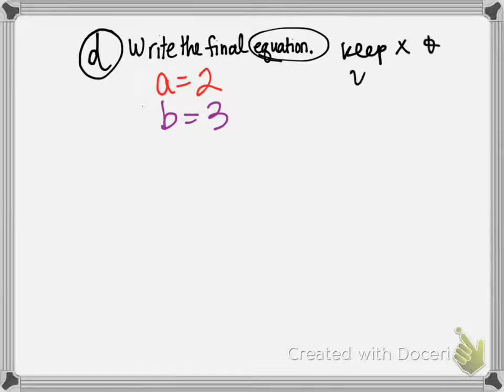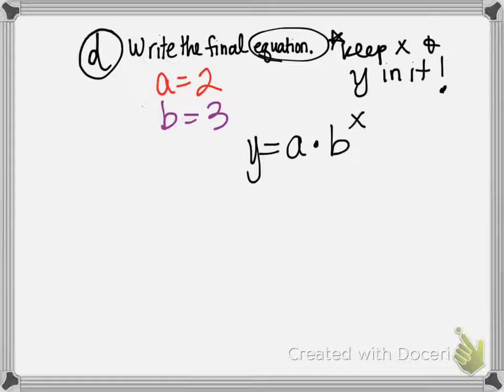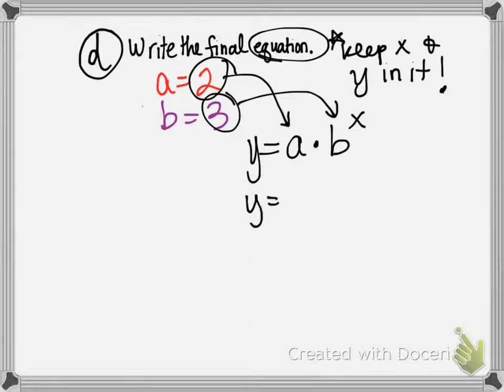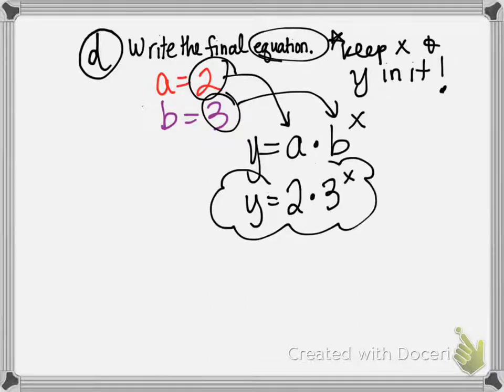So I want to rewrite my y equals a times b to the x power, and the only thing I'm going to replace is my a and my b with the 2 and the 3. So my new equation is going to be y equals 2 times 3 to the x power. Totally done.